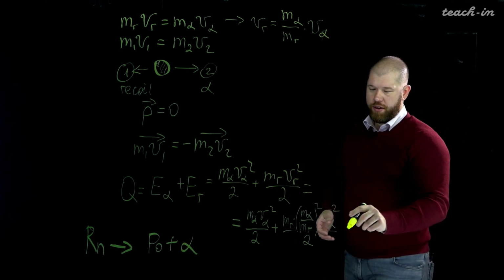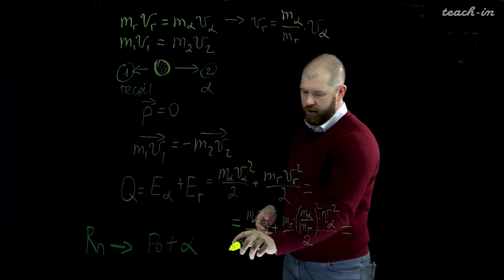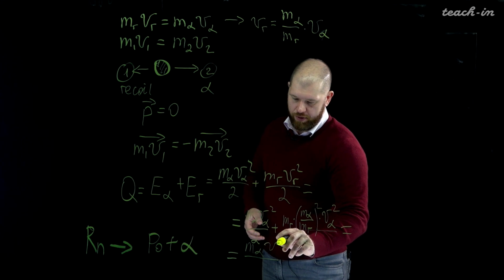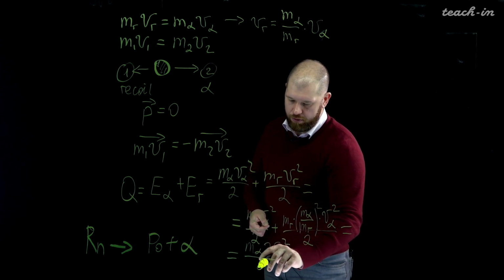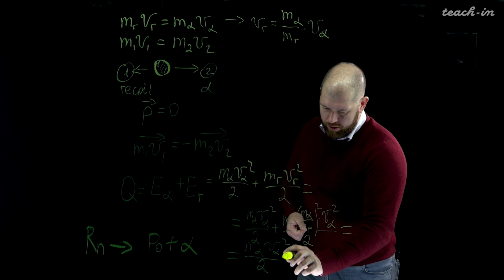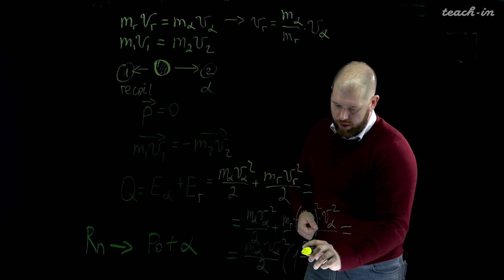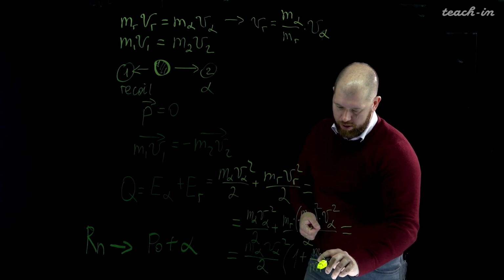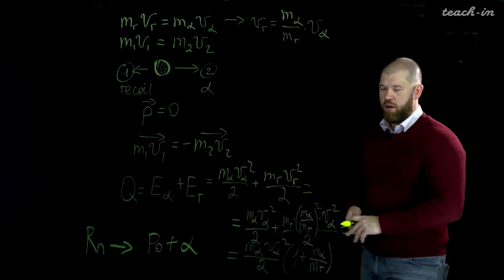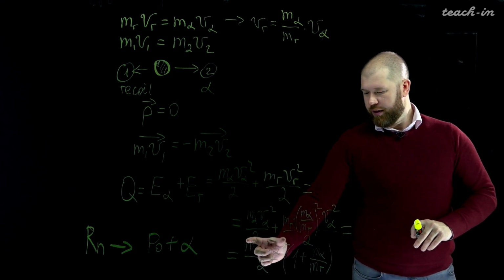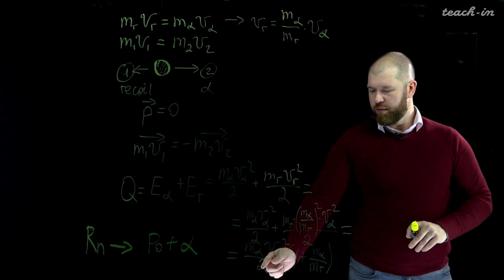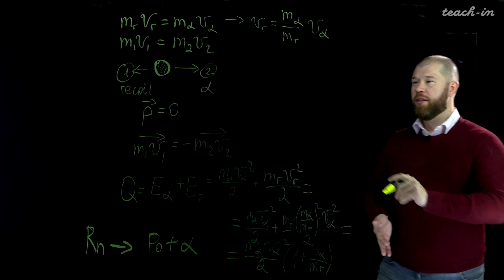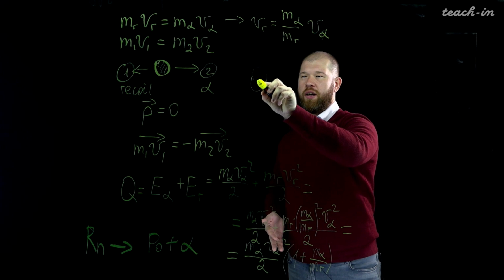And from this we can extract just m alpha v alpha squared divided by 2. And here it will be the sum of 1 plus m alpha divided by m recoil. And this expression m alpha v alpha squared divided by 2 is just the energy of the alpha particle. Thus, we can rewrite it like this.